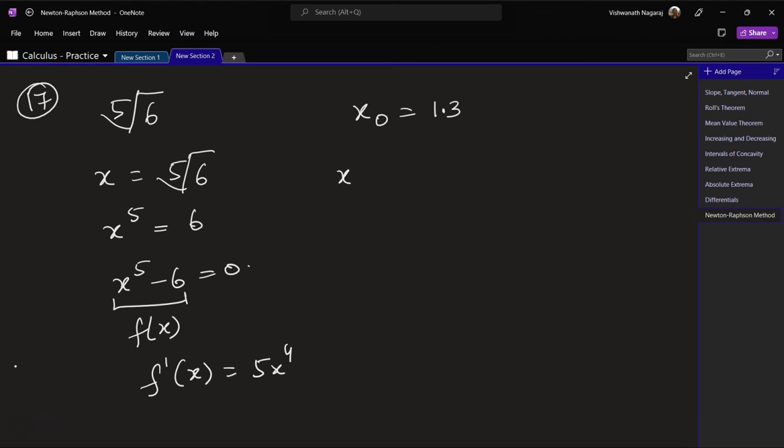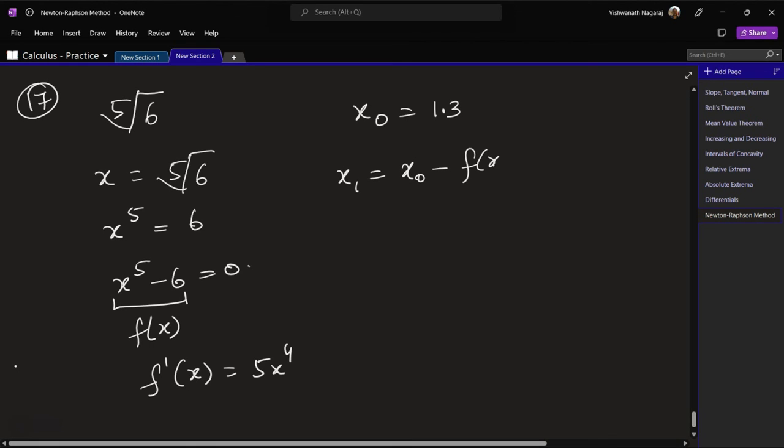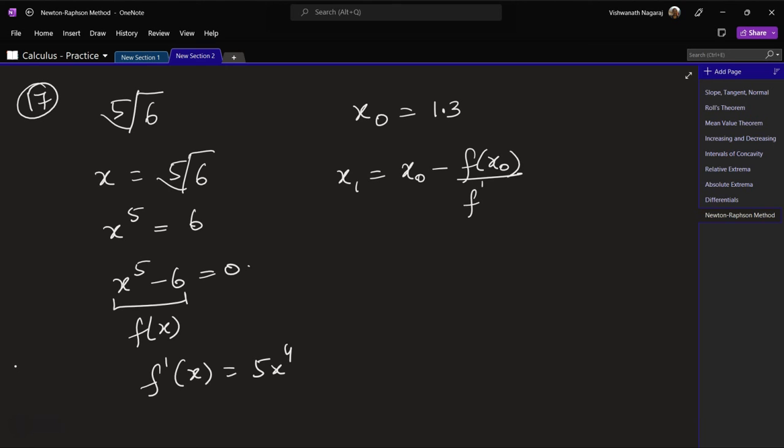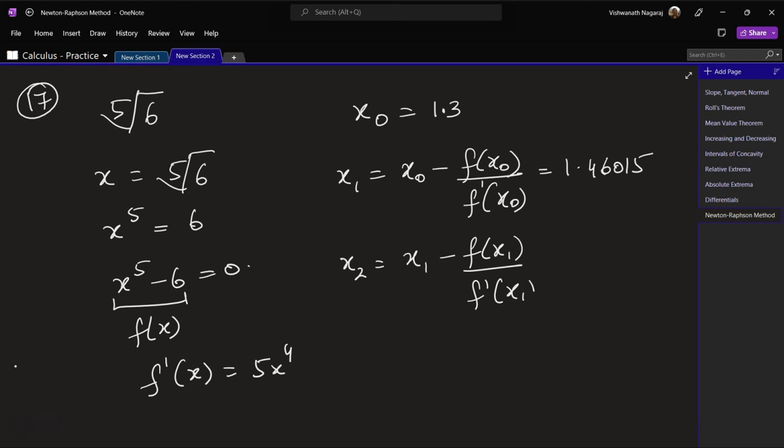Okay, so let's see. X1 is equal to x naught minus f of x naught by f prime of x naught. This gives us 1.46015. X2 is equal to x1 minus f of x1 by f prime of x1, which gives us 1.43211.